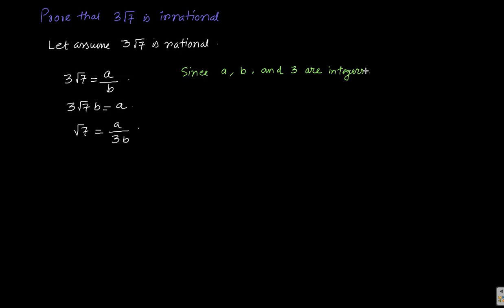As a, b and 3 are integers, then a by 3b is rational. So root 7 is rational.